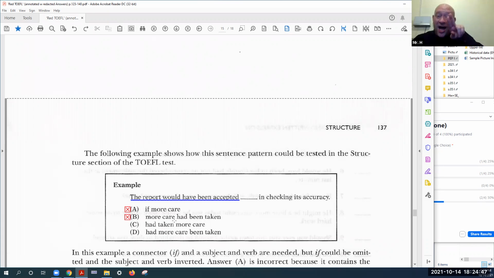You don't move the whole verb; you only move the first part. So the correct answer: had is the auxiliary. Without if, had comes first, then the subject, more care, and then you finish the rest of the verb.